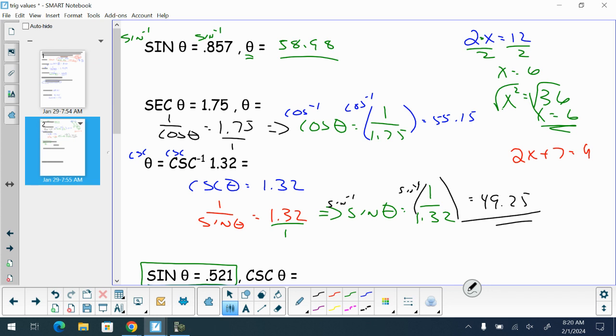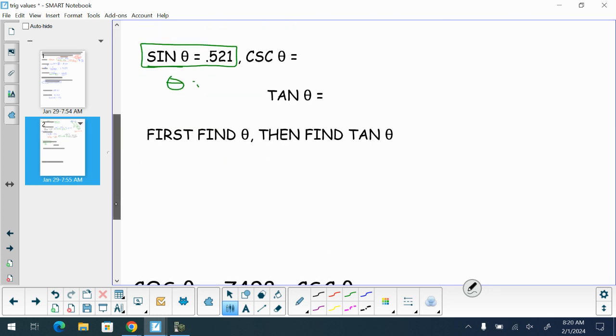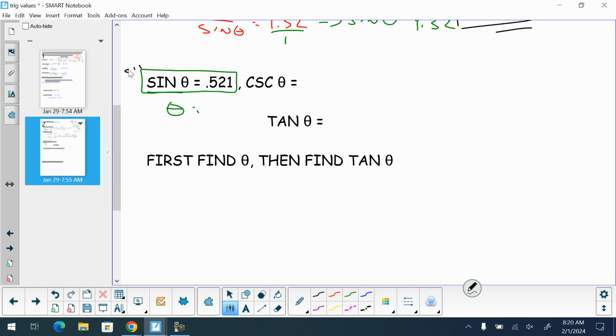Do like the opposite one, sine minus. Okay, that's called the inverse sine. So we have inverse sine of 0.521. I can click that into my calculator and find what theta is.